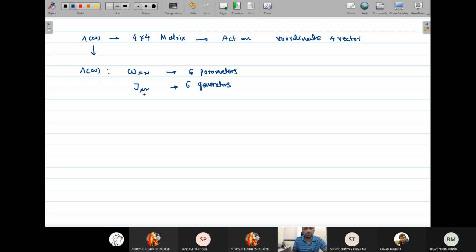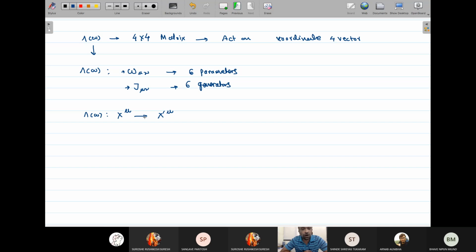So if you give me J mu nu and tell me what Lorentz transformation you are looking at, I know this matrix and then I know how the coordinates change. This lambda omega will act on x, your coordinates, and give you x prime. Clear?